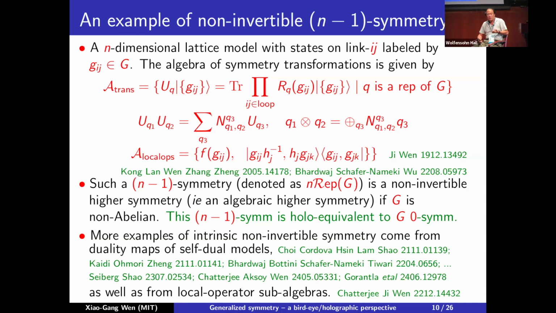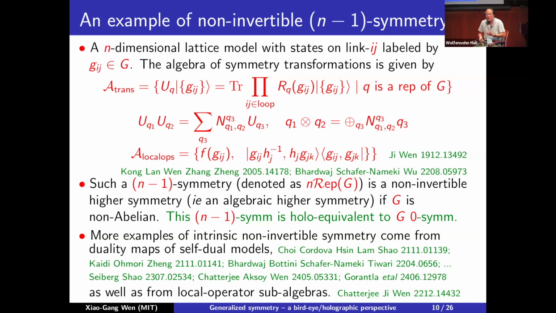So this non-invertible symmetry is holo-equivalent to a G zero-form symmetry. In some sense, this non-invertible symmetry is not that exotic because it's equivalent to an ordinary zero-form symmetry.